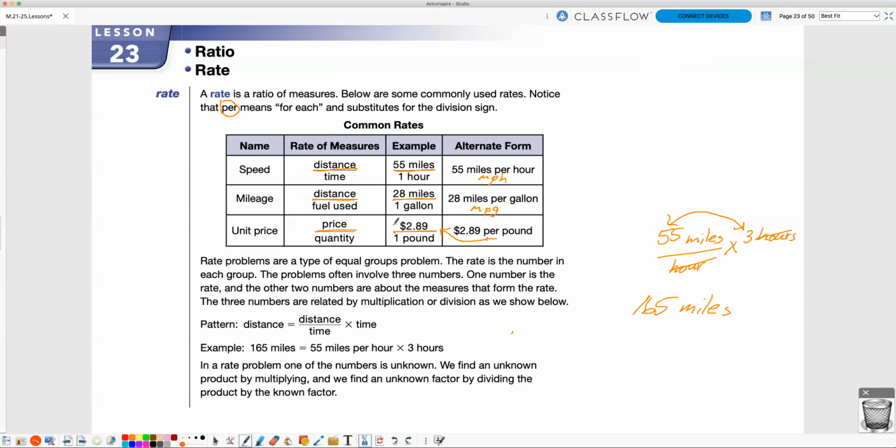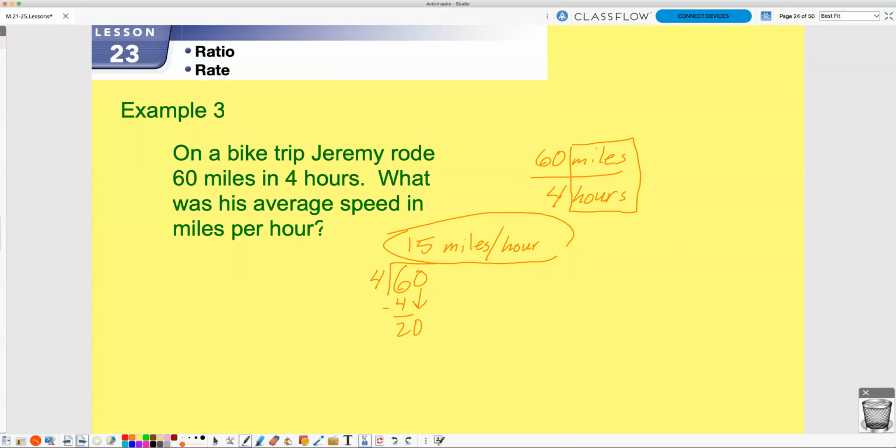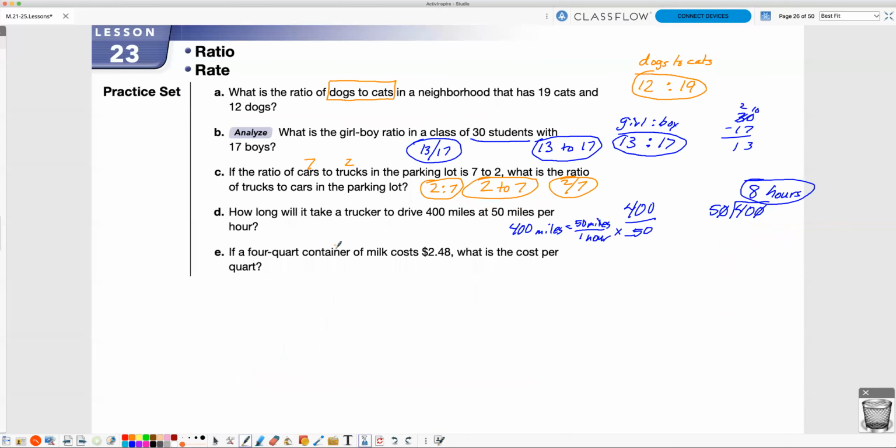If you've got the price divided by the amount, you can find out what it would cost per quart. It's $2.48 for 4 quarts. So we have to take that $2.48 divided by 4.